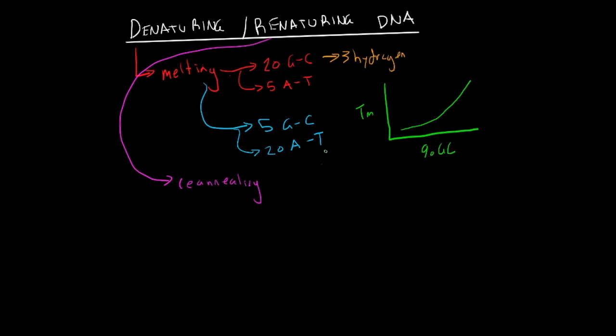But an application that this could be used in research would be hybridization. So hybridization is when two single-stranded molecules of DNA from different sources, so different organisms, let's say.